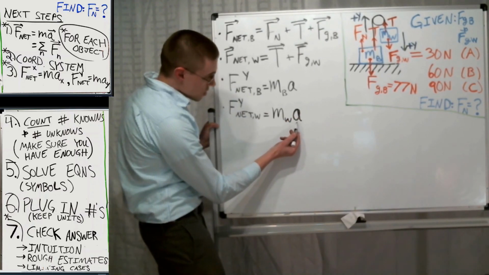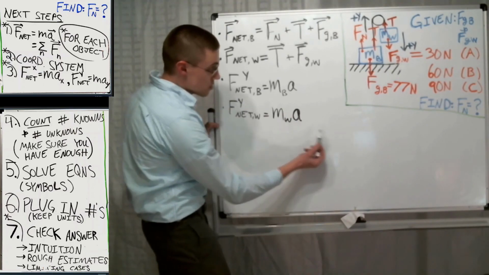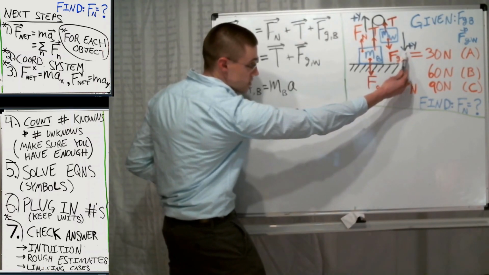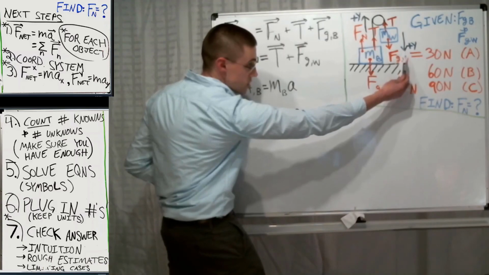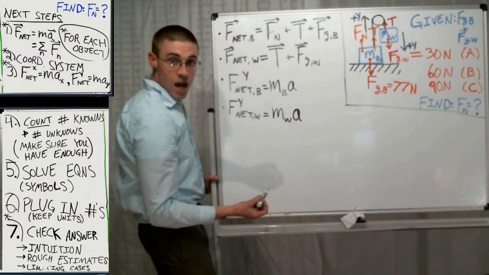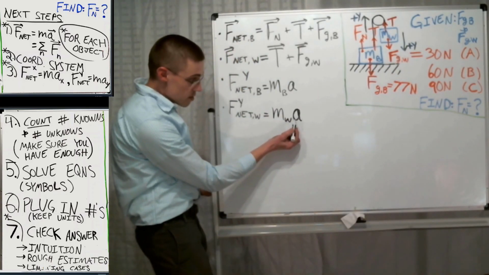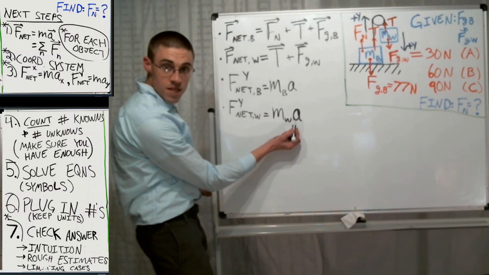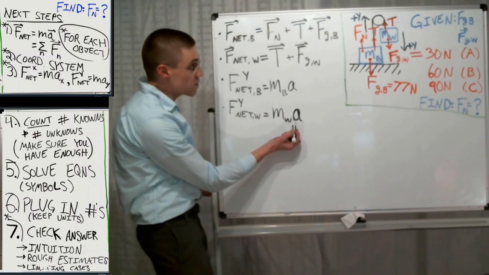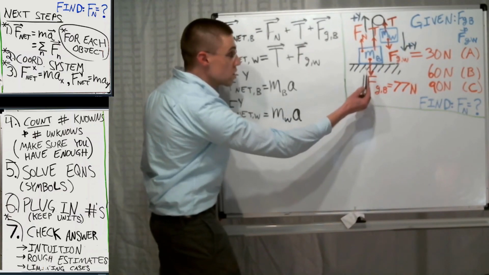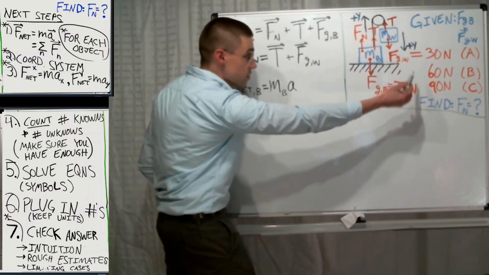Now, you'll note here, if I would have chosen this coordinate system differently so that y was, say, going up for both cases, I would have had to put a minus A in here in order to make this consistent, because I would have had to have one going up correspond with the other one going down.